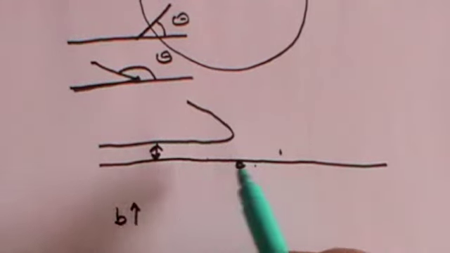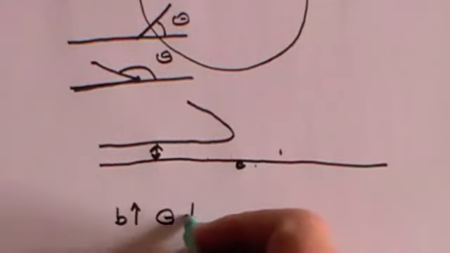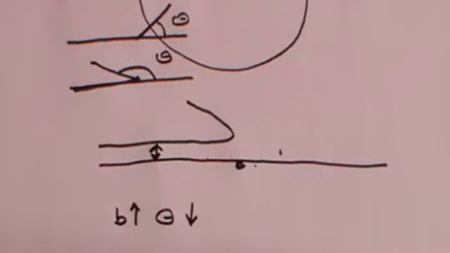We call that impact parameter b. As b increases, in other words, as the distance from this line of closest approach increases, the angle of scattering will decrease. The further you get away, the smaller the angle will be.